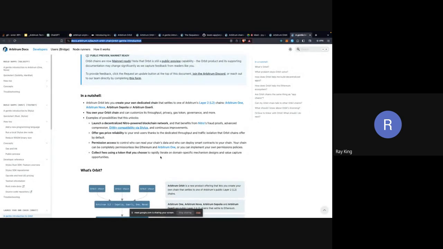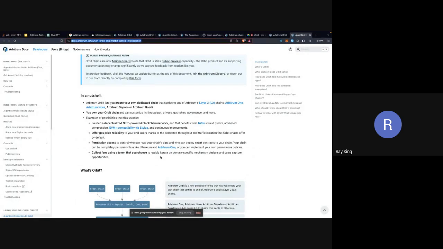Now it has in the documentation, I'm sure you can see some benefits, some possibilities involved. The fact that you can control the permission access, you can control who reads your chain data, you can also control who deploys smart contracts to your chain.